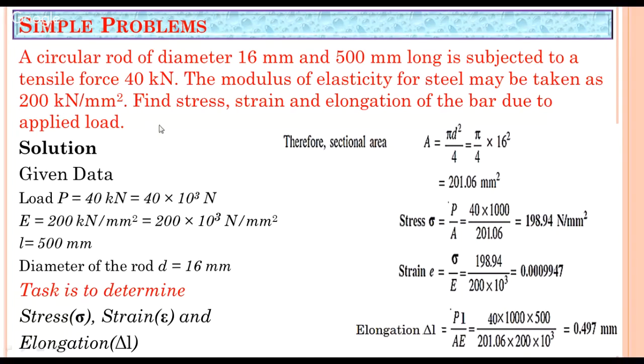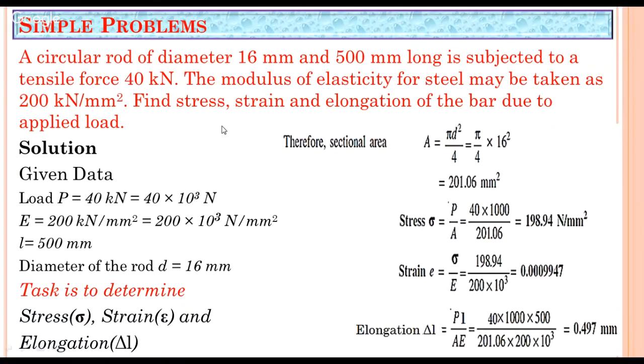Find the stress, strain, and elongation of the bar due to applied loads. In solving problems, we have to approach in different ways. First, we have to read the data carefully without any mistakes and collect the details they have given.